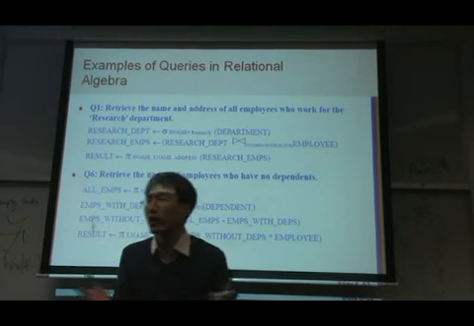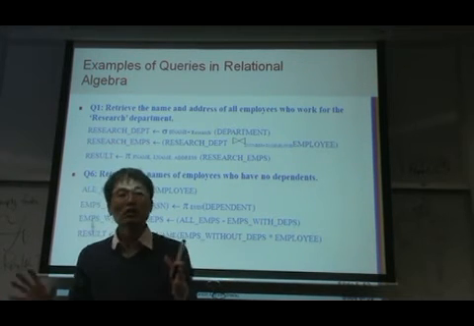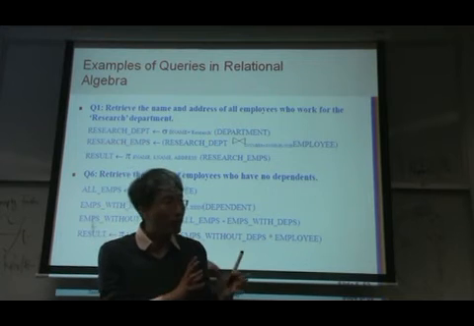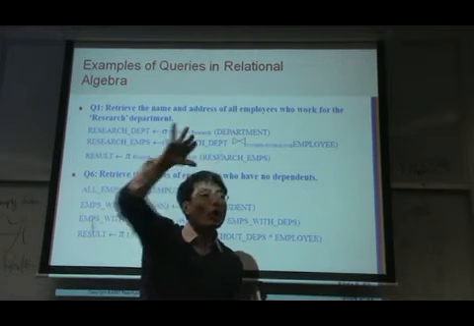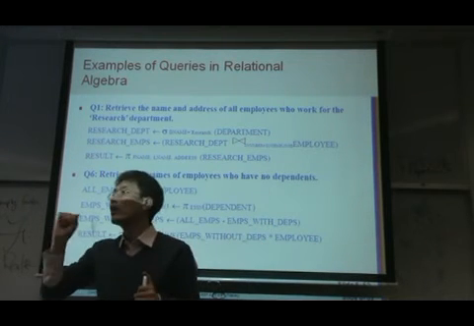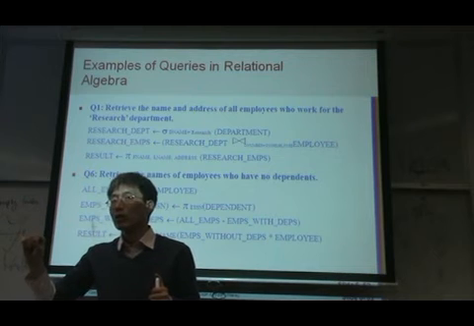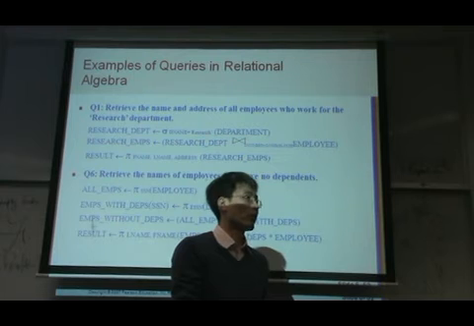Relational algebra and relational calculus are the same. There's no difference in terms of output. However, relational algebra focuses on the way of accessing the data, step by step, while relational calculus shows the entire condition only.